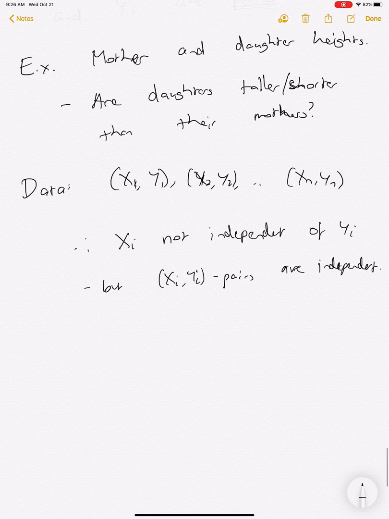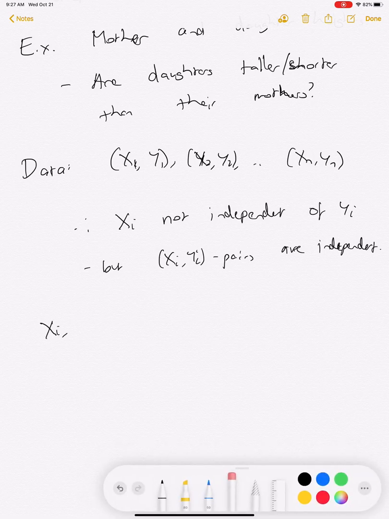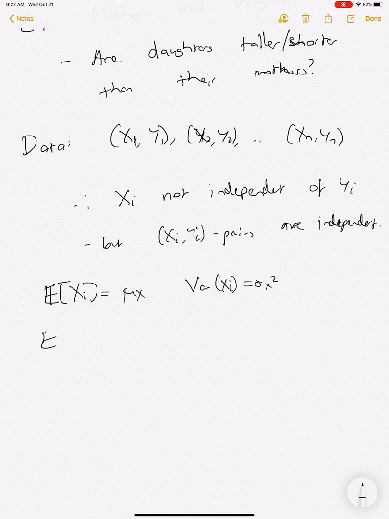So the idea here is that essentially you have something like that: the expectation of xi equals mu x, the variance of xi equals sigma x squared, E of yi equals mu y, and the variance of yi equals sigma y squared.